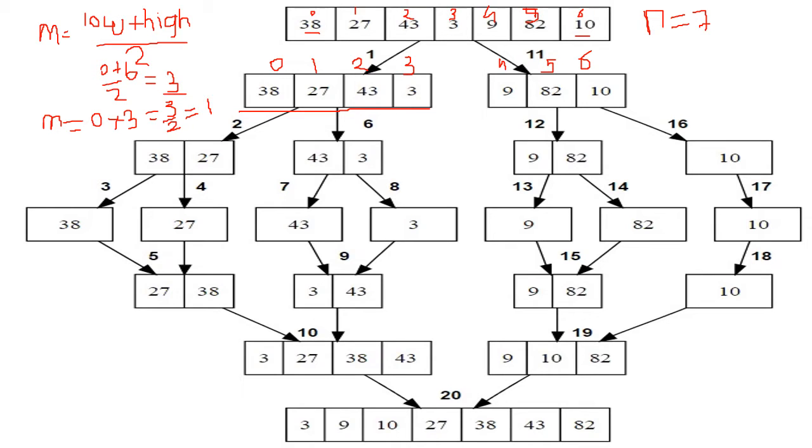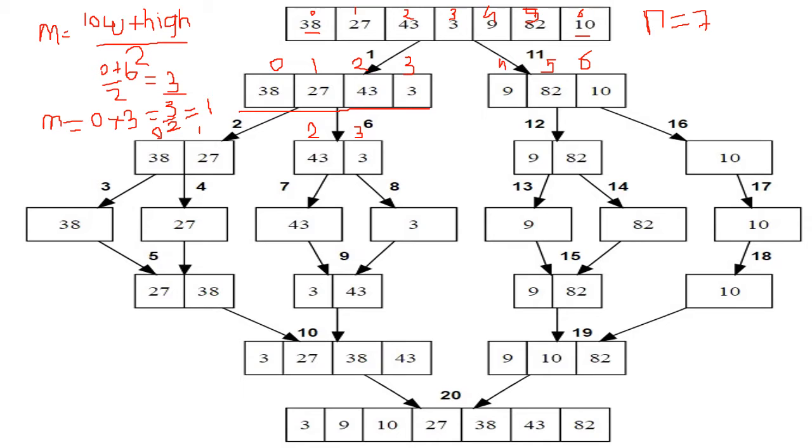Then we divide this entire sublist again into sublists, that is from 0 to 1 and from 2 to 3. Why? Because we get here midpoint is 1.